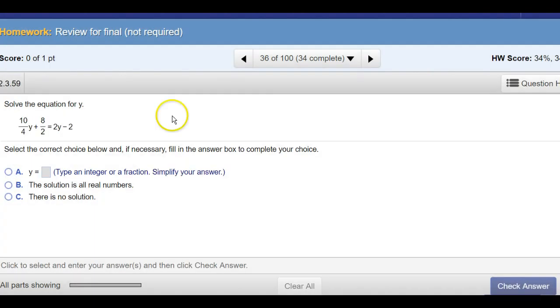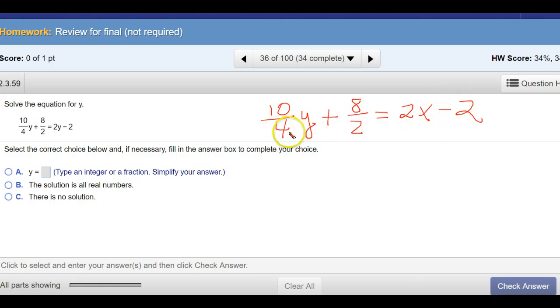All right, let's do this one. Again, what would our lowest common denominator be here? And it would be 4.